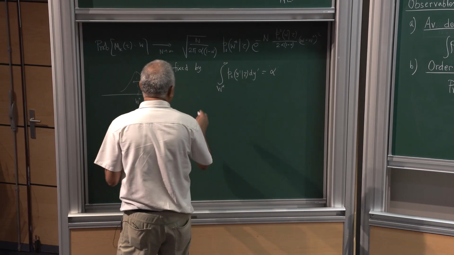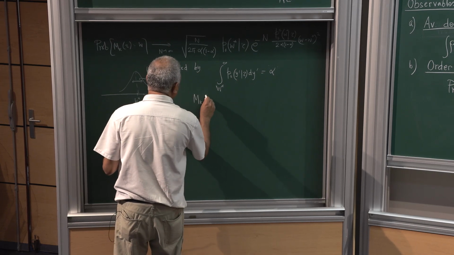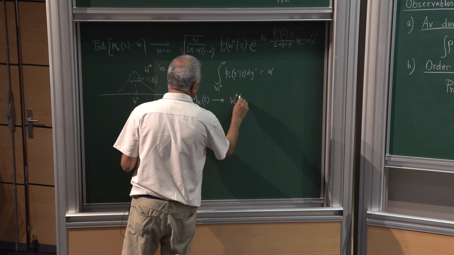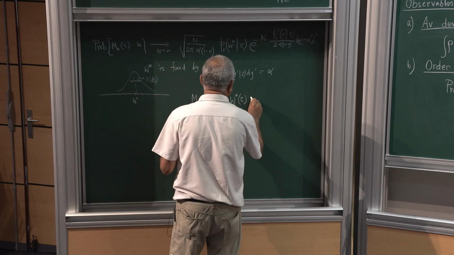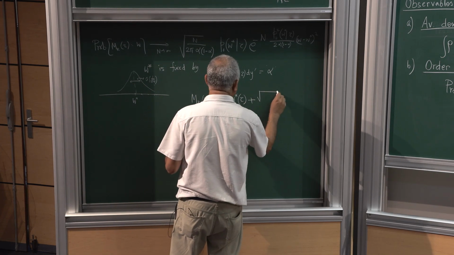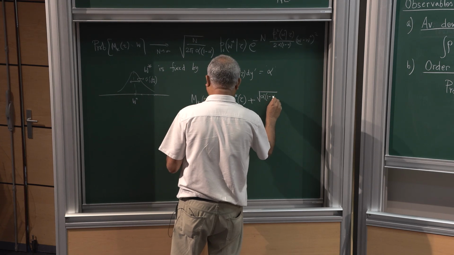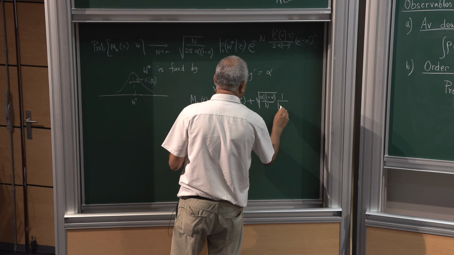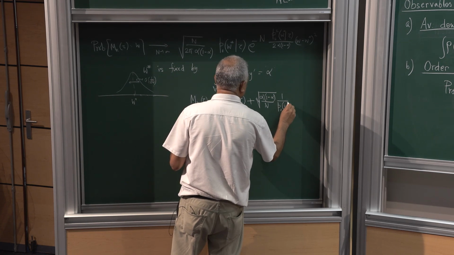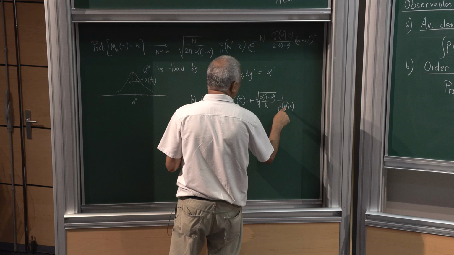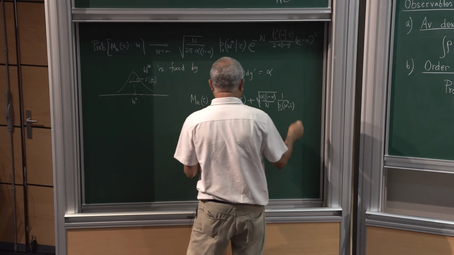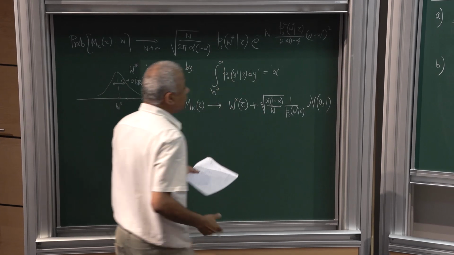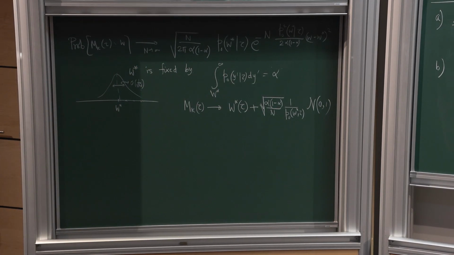So in other words, what I'm saying is that mk tau, as a random variable, goes to a constant W star of tau plus a fluctuating part, P0 of W star evaluated at the W star quantile, times a Gaussian random variable N(0,1), with zero mean and unit variance.